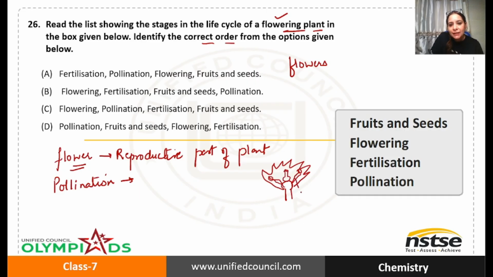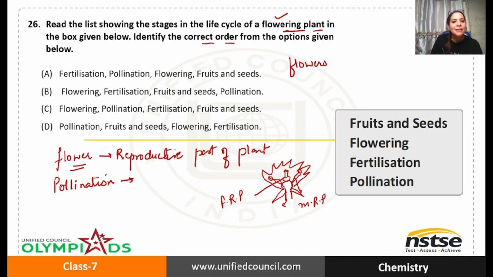This indicates the male reproductive part, and this one in the center indicates the female reproductive part. These are petals, and lower to it you also see green leaves which form the sepal, and this one is a stalk of the flower.